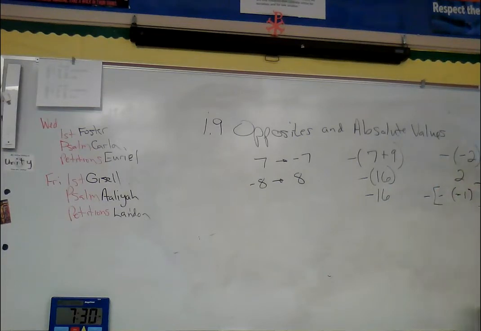However many you have, if we have an even number, it turns out to be positive. Here we have odd, so let's think about this. Negative of a negative would be positive 1. We have a negative of that, so it's negative 1. So we had an odd number of signs, and our answer was negative. So if you have an even number of negatives, it's positive. If you have an odd number of negatives, it's negative.